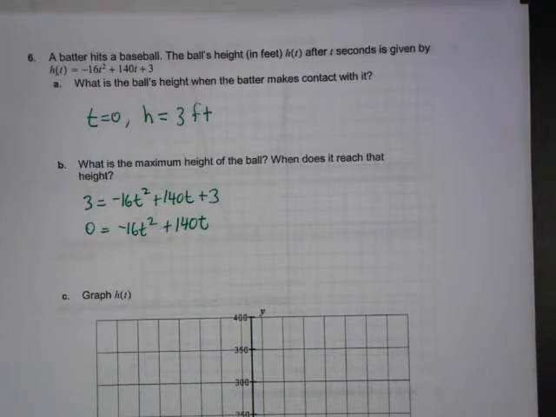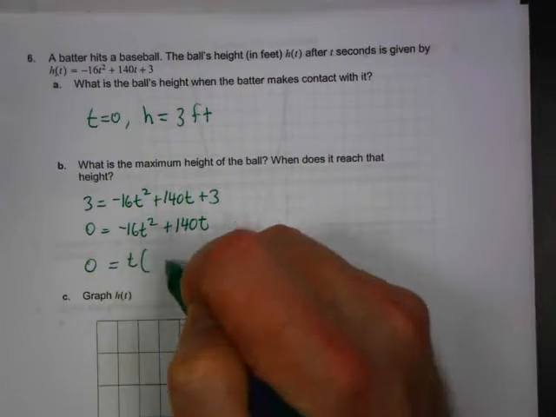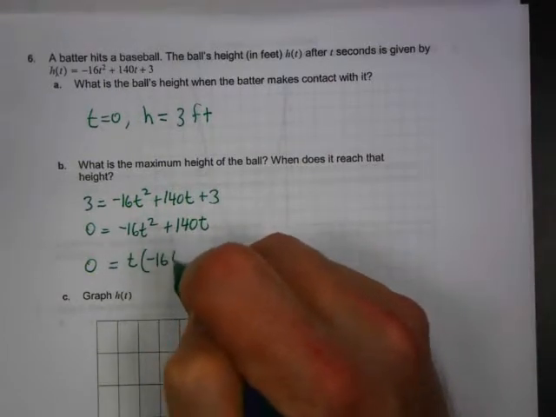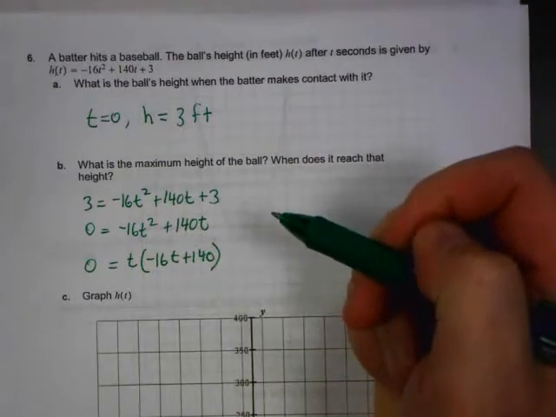Can you factor? Yes. Take out a t: 0 equals t times minus 16t plus 140. No, negative t, and then it's negative 140.